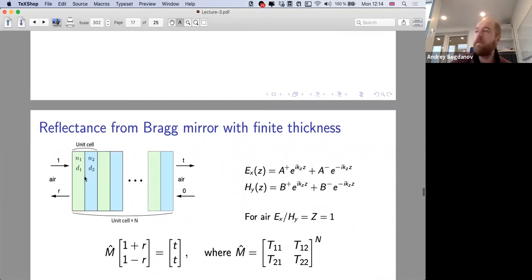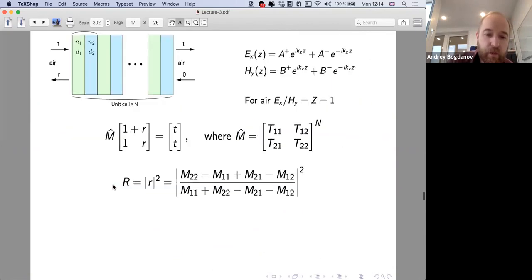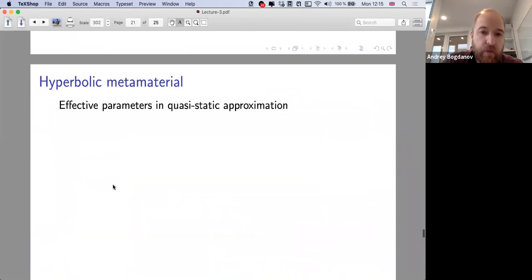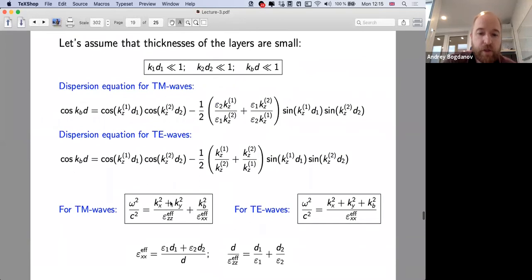So if my wave propagates only along z direction, let's have a look. If it propagates only along z direction, kx and ky are 0, yeah? And I have only this component, xx, this one.